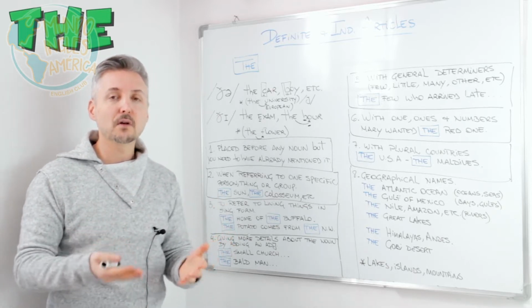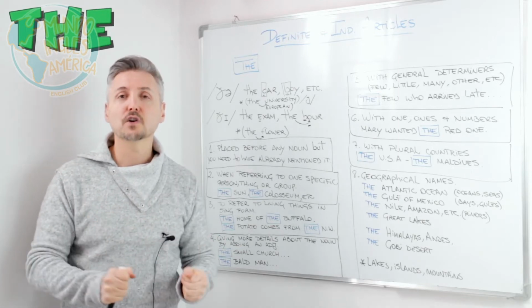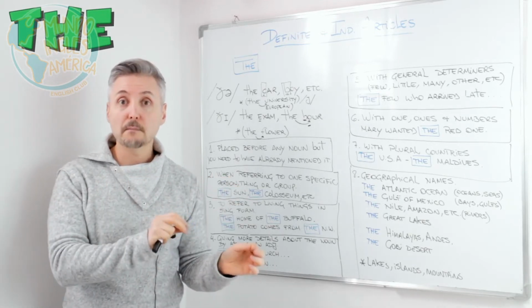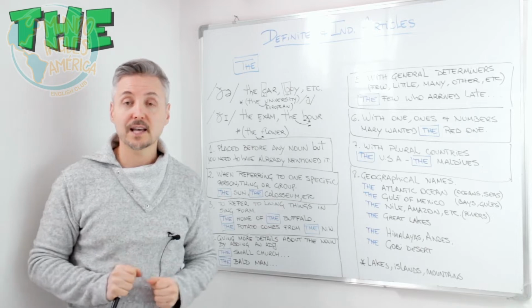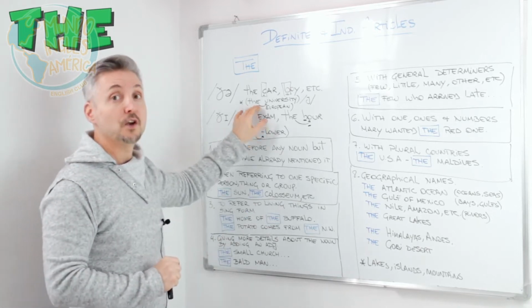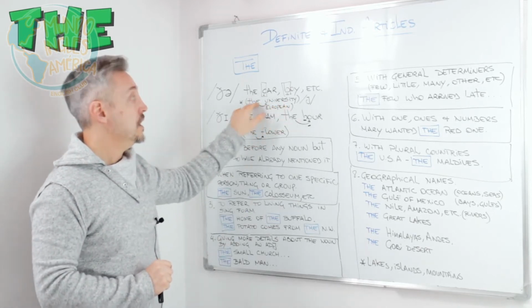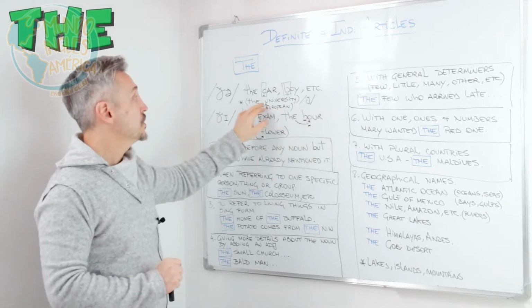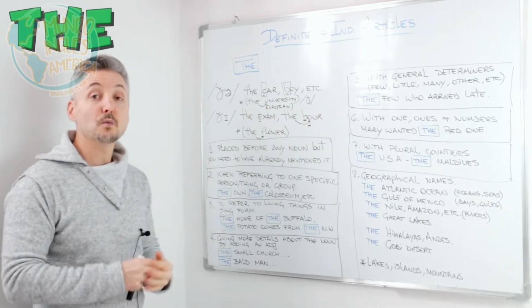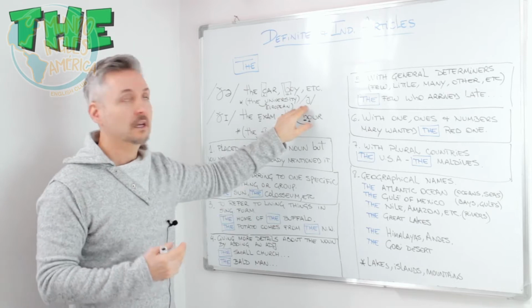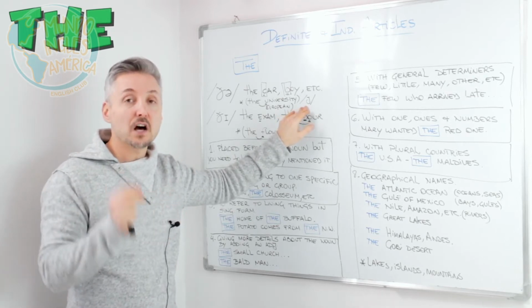Let's take an example of a word that starts with a vowel but is pronounced with a consonant sound. The university, the European Union. These two start with the sound y. This y is a consonant sound.